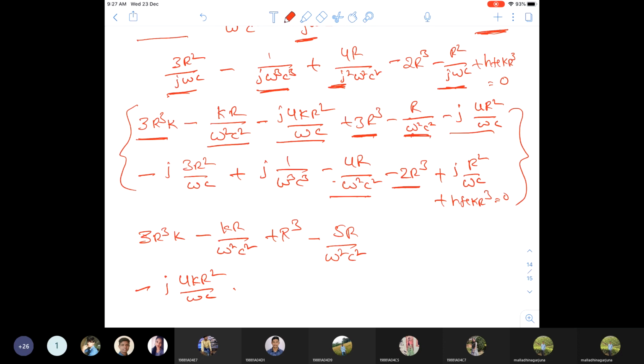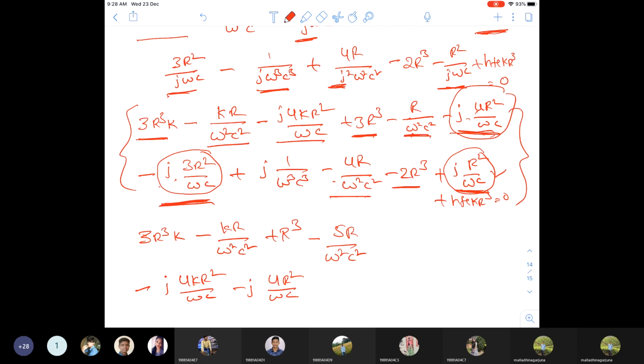This is imaginary, so minus j into 4r square by omega c. This is also imaginary. This term is the same, so minus 4r square minus 3r square, and here plus r square. You see the three terms, this one, this one, this one: minus 4r square minus 3r square plus r square.